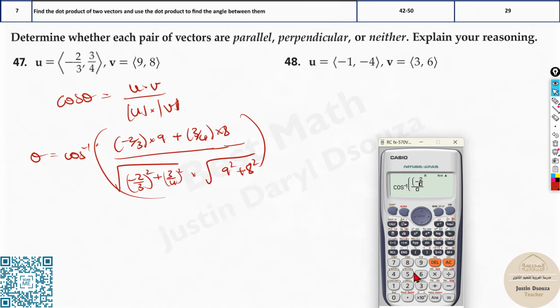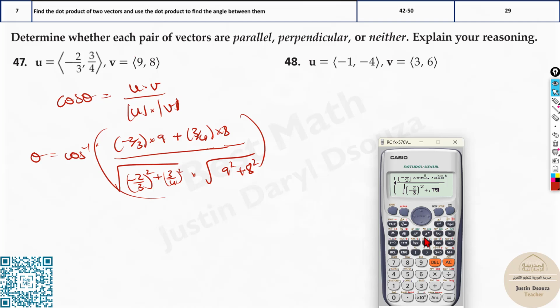Here I need to use the bracket properly. Remember, because it's negative, you have to use the bracket properly. If you put the minus sign outside the bracket, the answer would be entirely wrong. So in such cases, be very careful.